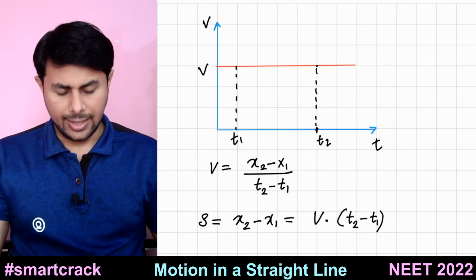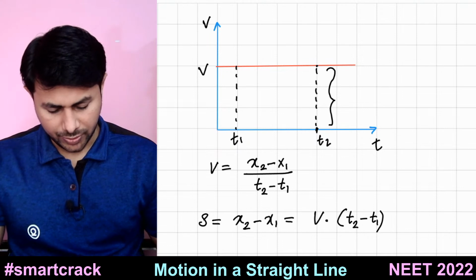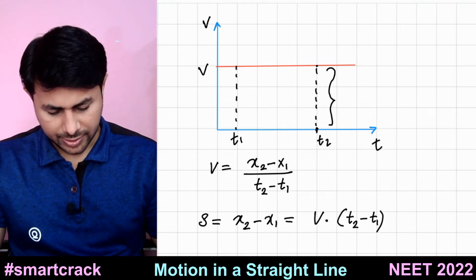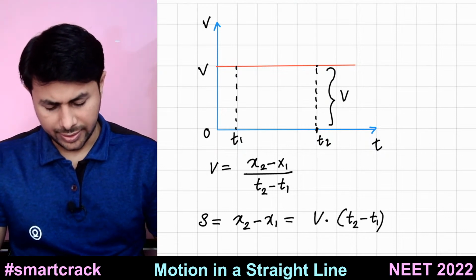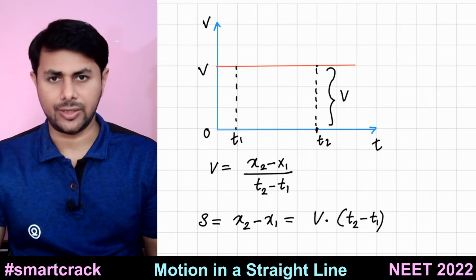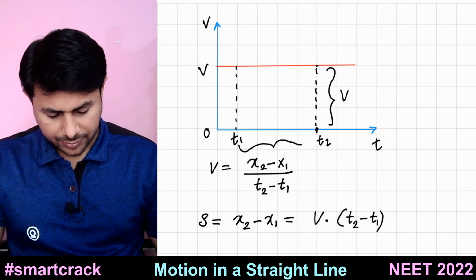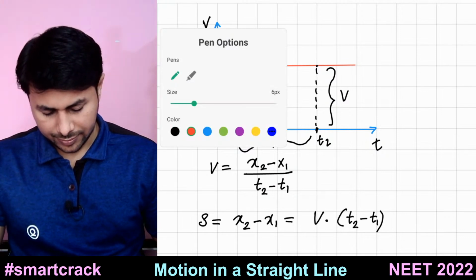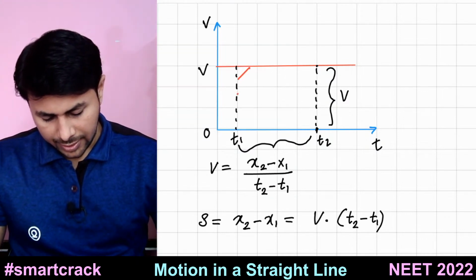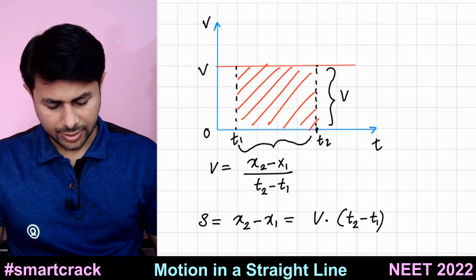If you observe here, this much length is v, the distance from 0 to v, and this much length is t2 minus t1. So the area under this curve is what?